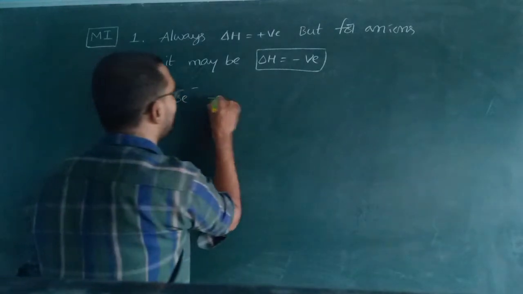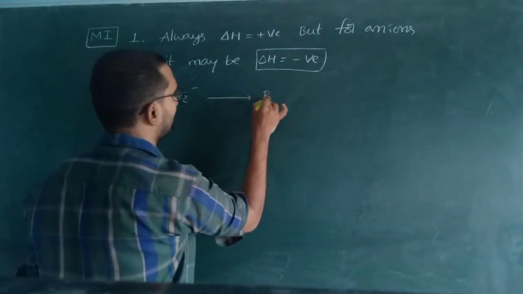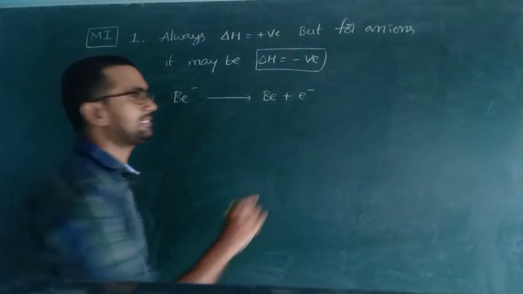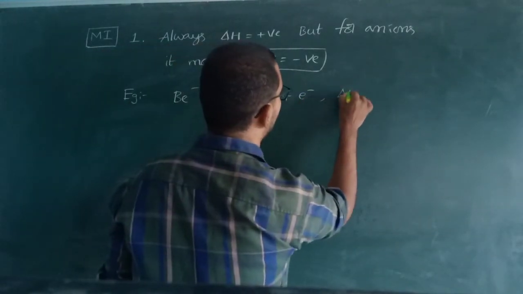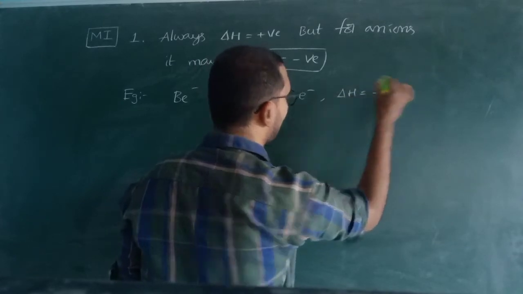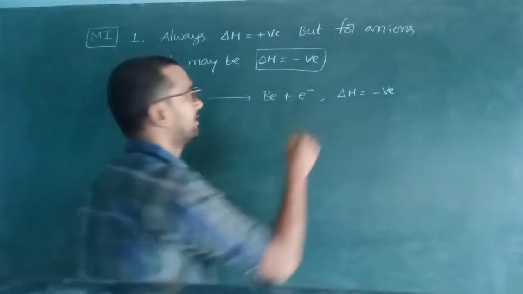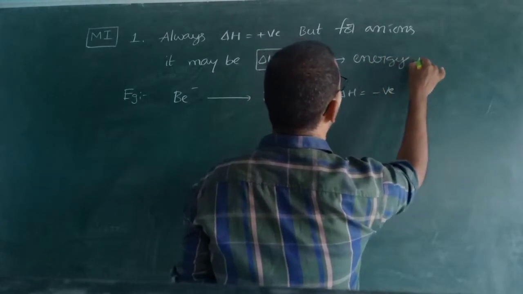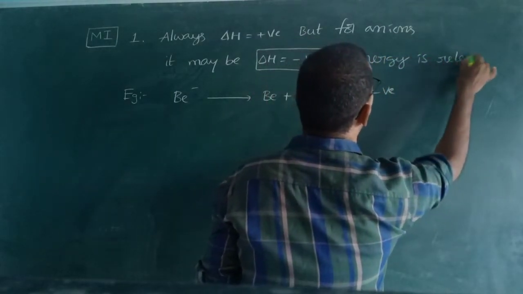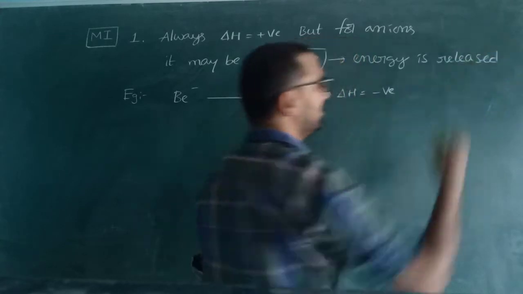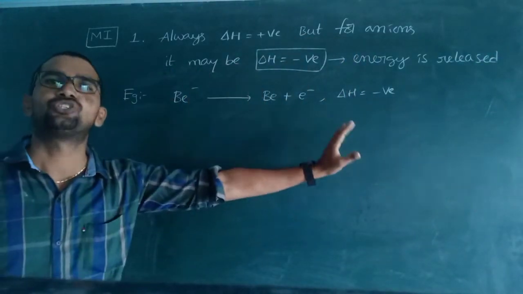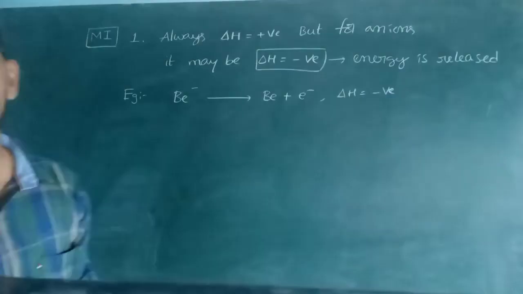This anion loses an electron, Be minus gives Be plus e minus. In this case, delta H is equal to negative, which means energy is released. This is only 1%; only some anions show this type of character in ionization energy.